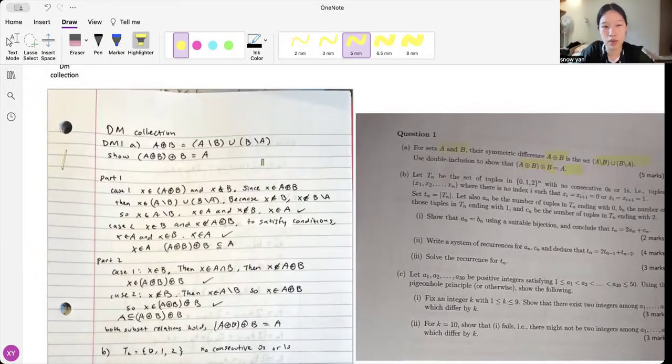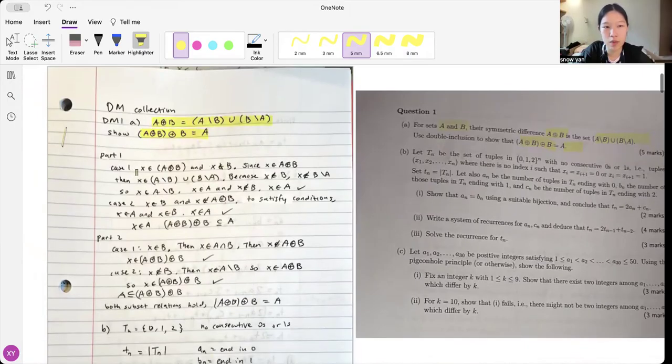So what I did here was that I want to show this, and I wrote down the definition of this. In part one, I assume that X is part of this, so that I'm on the left-hand side.